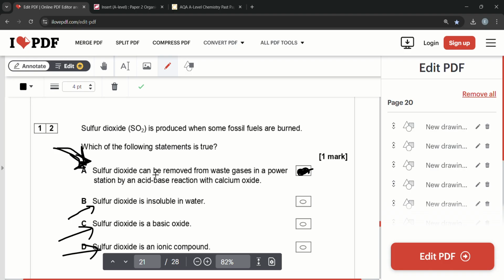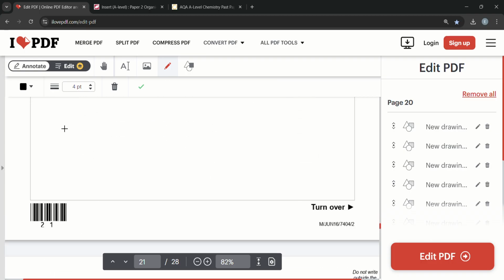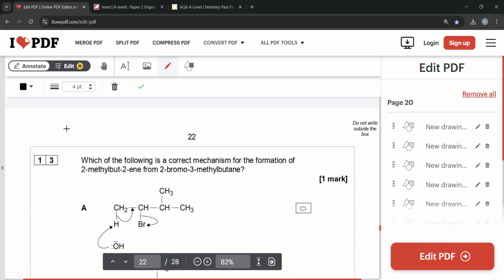In this case, there's two reactions of sulfur dioxide with calcium oxide, and there we go. It's A.